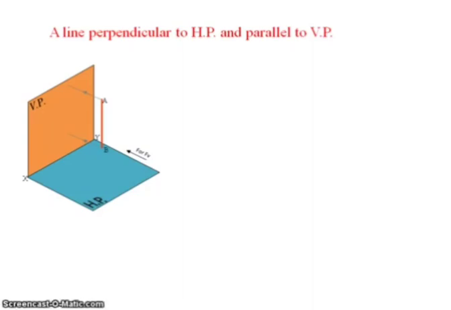That means in this condition, in the front view we can see the true length of the straight line, and it appears as if it is lying in the vertical plane with true length, as per the projection lines I have given. In between these projection lines we will get the straight line with true length. So this is the front view.